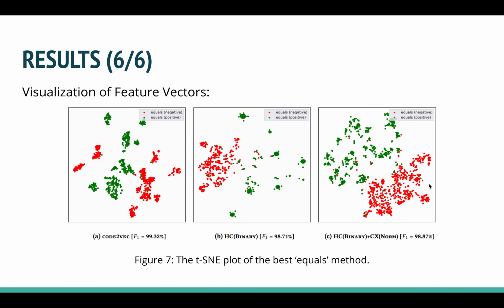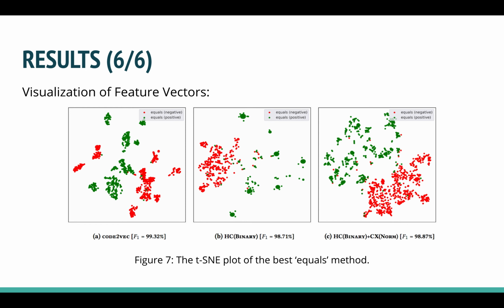To better understand how the features separate the positive and negative examples in the dataset, we use the t-SNE plot to project the feature vectors in code2vec embeddings and handcrafted features into two-dimensional space. Here we only visualize the equals method, the best performing classifier. The figure indicates that the data points are generally well grouped, where the positive points are quite distinct from the negative points.